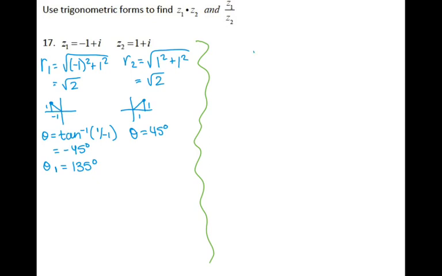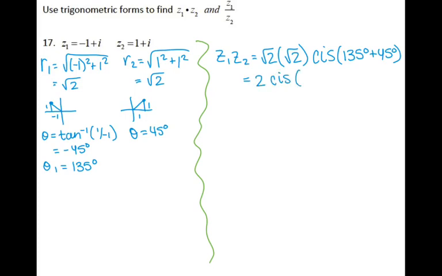So to find the product, z1 times z2, that is going to be r1 times r2 times cosine plus i sine of theta 1 plus theta 2. So root 2 times root 2 is 2 times cosine plus i sine of 180 degrees.